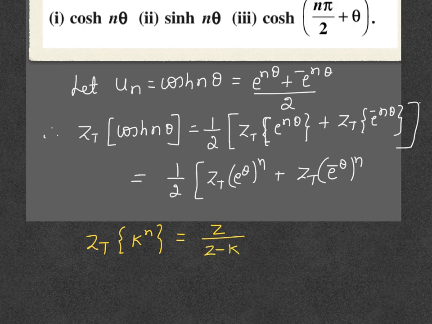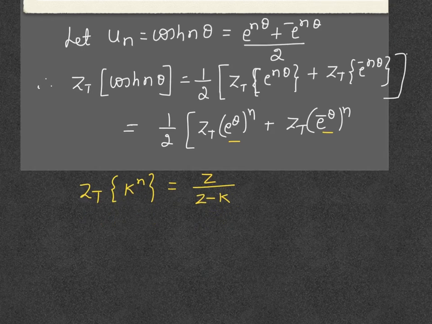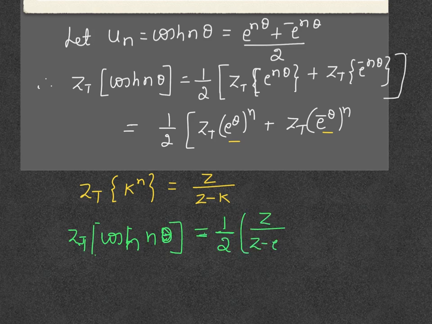So using the result here, we get Z transform of cosh n theta is 1 by 2 z by z minus e power theta plus 1 by 2 keeping out, z by z minus e power minus theta.